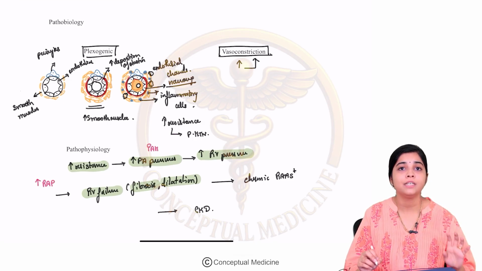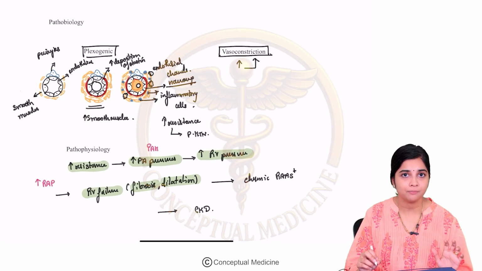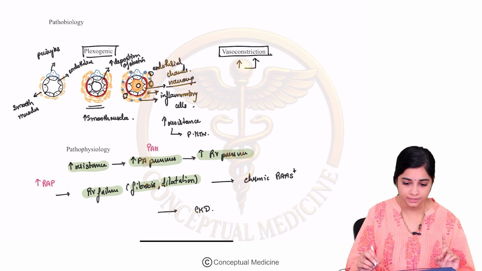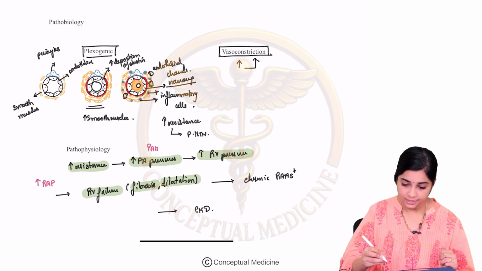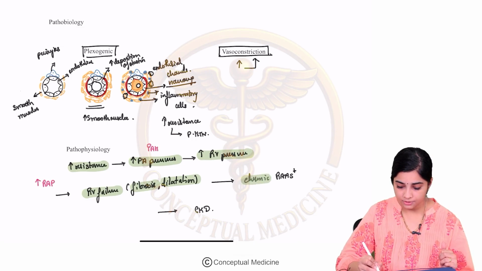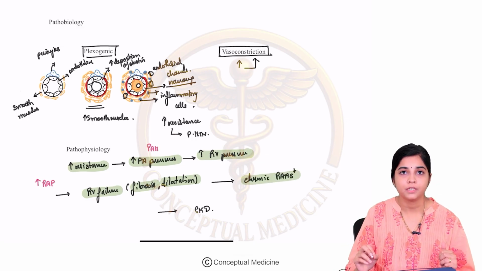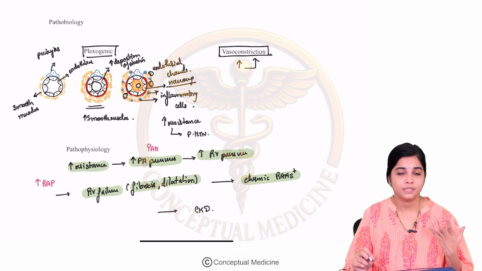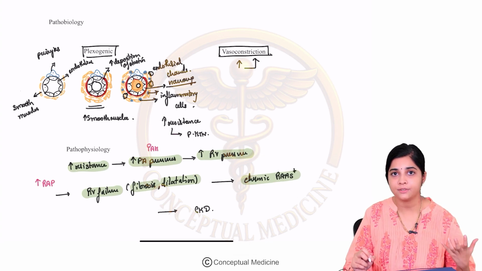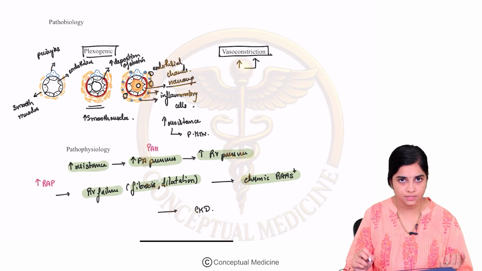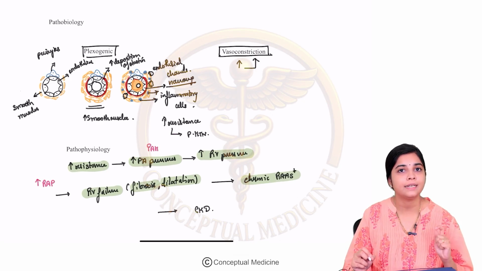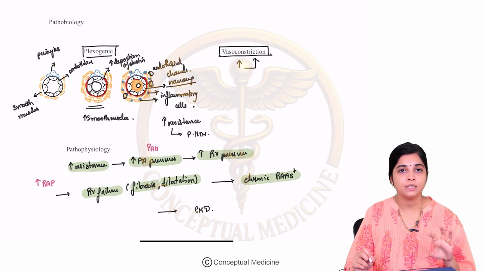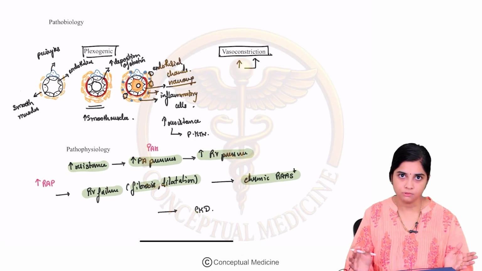Now, if the RV goes into failure, what will happen? There will be stimulation of the renin-angiotensin-aldosterone system, because we had learnt in our heart failure chapter as well that whenever there is heart failure, there is stimulation of the renin-angiotensin-aldosterone system. This system is basically going to recognize the volume condition in our body.